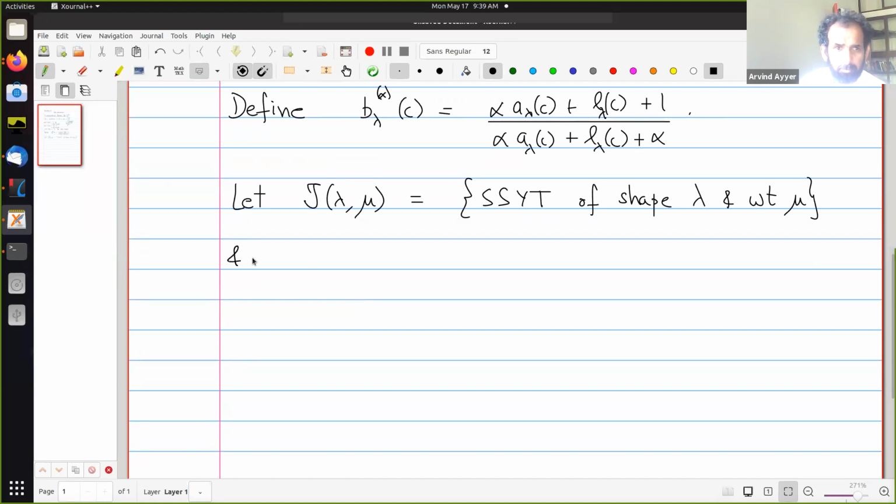And this curly C of T i is a bit complicated, so I'll give an example in a second.